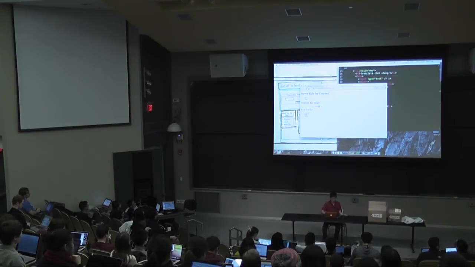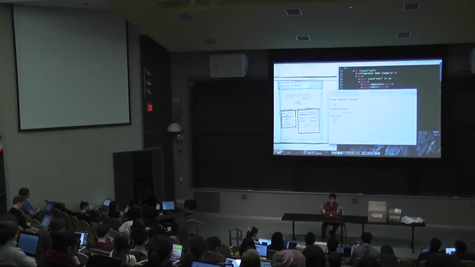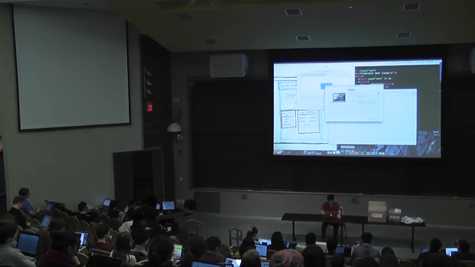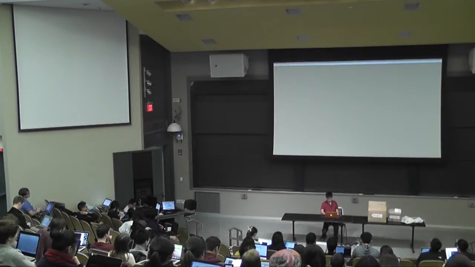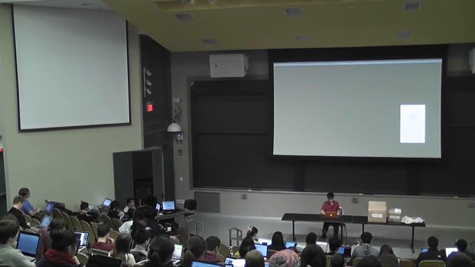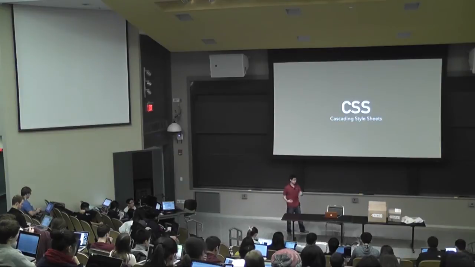Almost there. So this is setting up the structure of the page, but now we actually need to CSS it. That's going to be a word. CSS it. We're going to style it. So CSS stands for cascading style sheets.